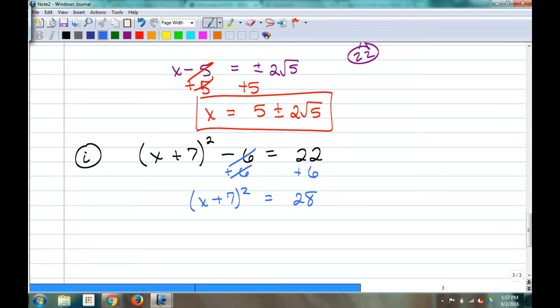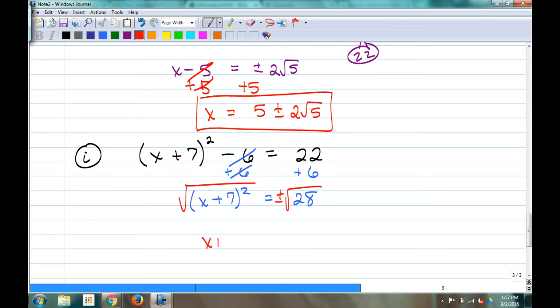And then is the squared part by itself now? Yeah, got x plus 7. That's the squared part. So what can I do now? Take the square roots, yeah. Once you get the squared part by itself, it's square root time.